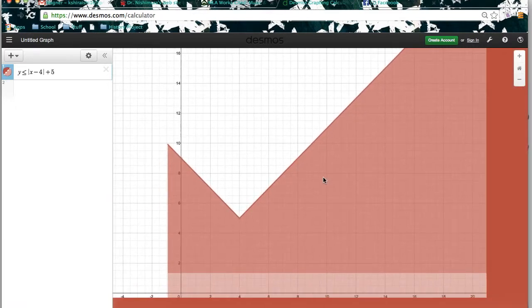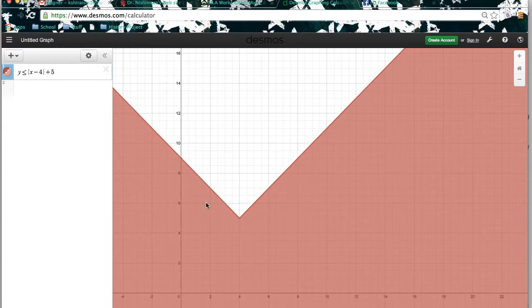Okay, so first of all, let's see. We know that the graph moves over 4 units to the right because of what we learned last section, because it's inside the absolute value, and then it goes up 5 units because it's plus 5.